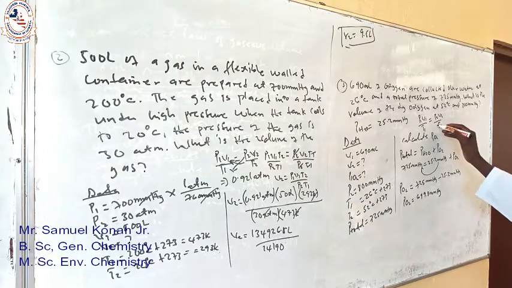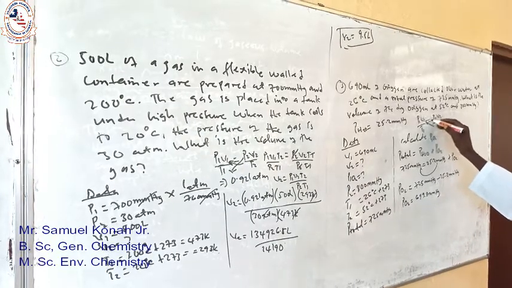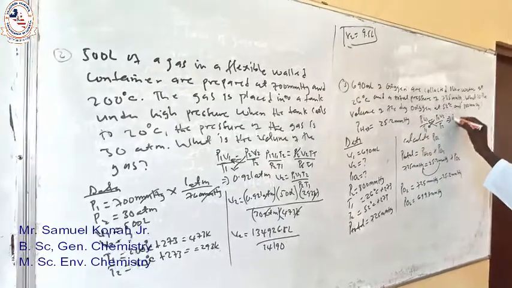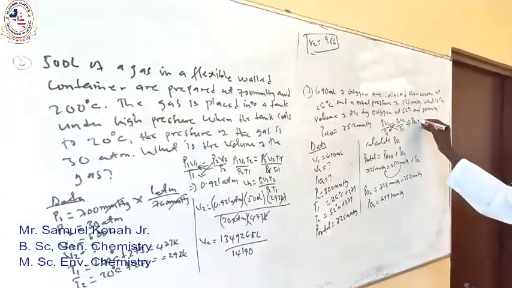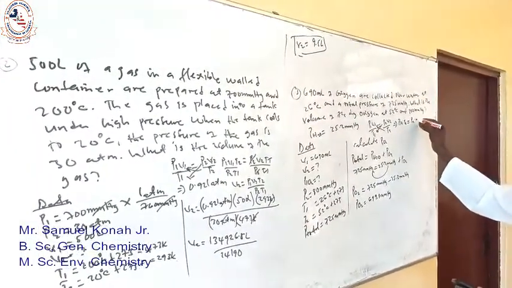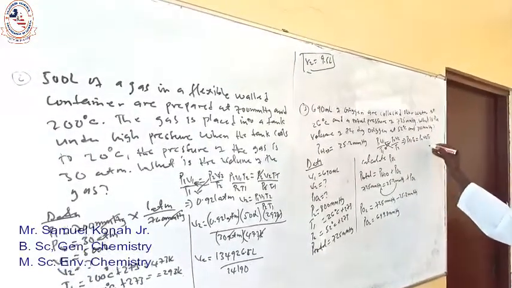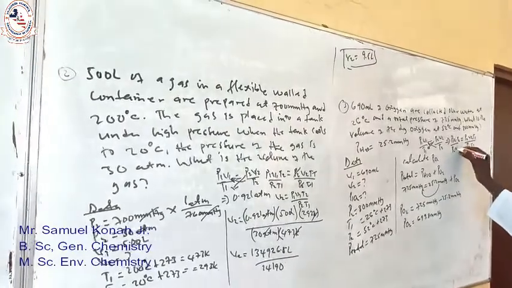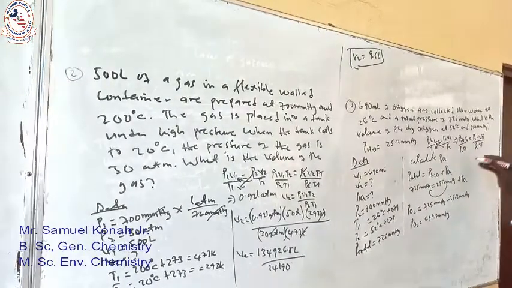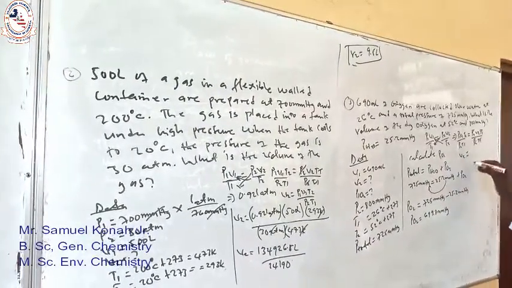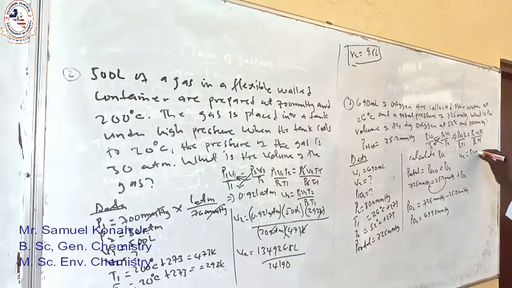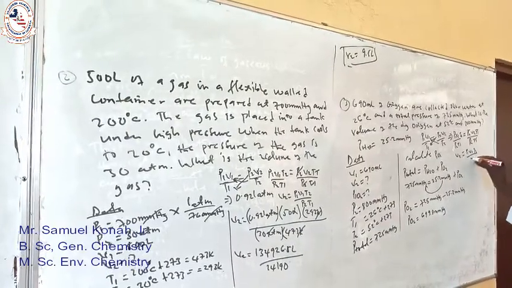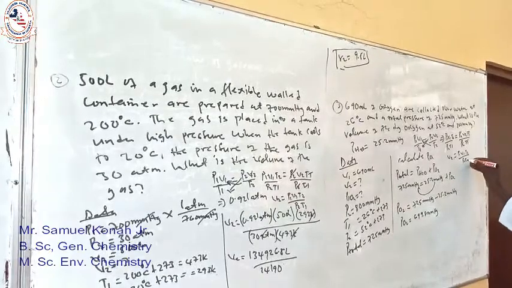Okay, so we are interested in V2, so we cross multiply. Here we'll have P1 V1 T2 equal to P2 V2 T1. So we divide both sides by P2 T1, and this and this will cancel. Our V2 will be equal to P1 V1 T2 over P2 T1.